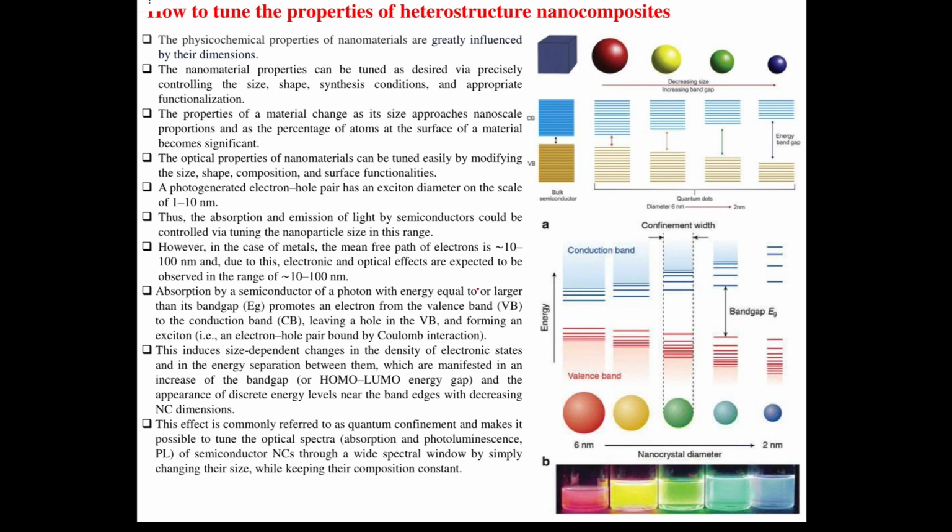So why do these nanomaterials behave strangely? Because electrons are squeezed, and it is because of quantum confinement. Quantum confinement is just like when you are squeezing some material and reducing its size from large to smaller.